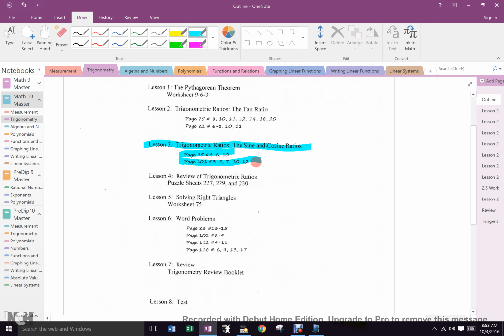So page 95 is good. And page 101. Yep. Okay. And lesson 3 is good. Or page 101 is good. You guys have all the tools you need to do those sets of work.